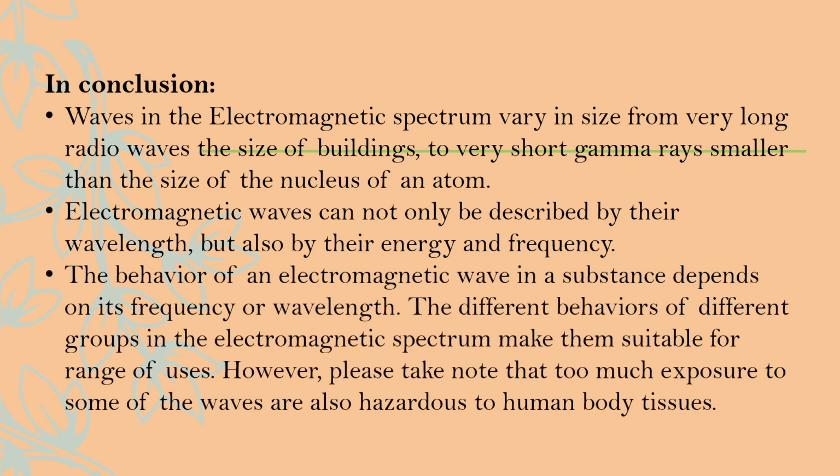The behavior of an electromagnetic wave in a substance depends on its frequency or wavelength. The different behaviors of different groups in the electromagnetic spectrum make them suitable for a range of uses. However, please take note that too much exposure to some of the waves is also hazardous to human body tissues.